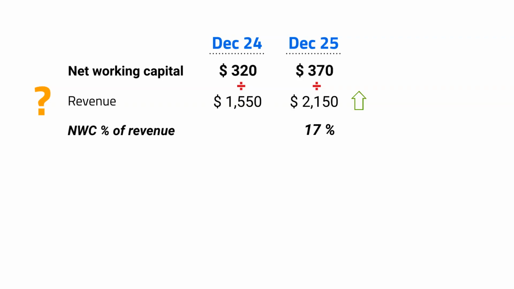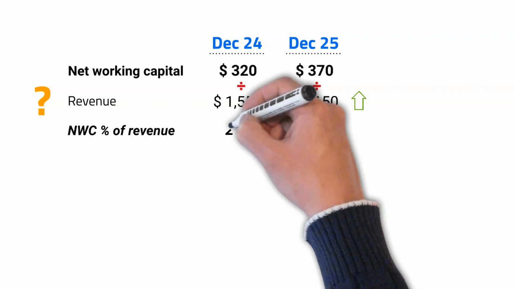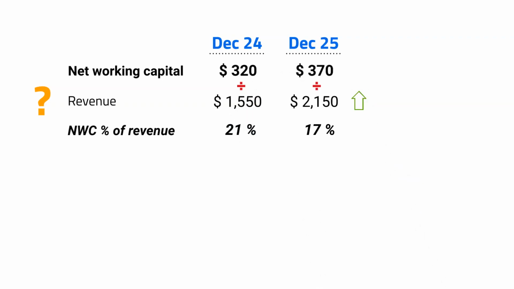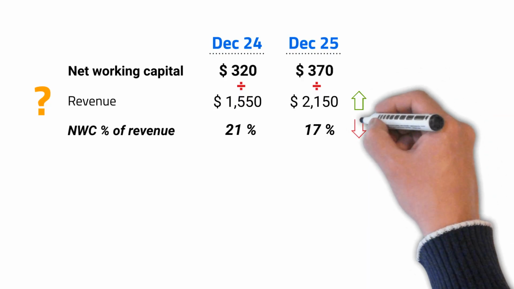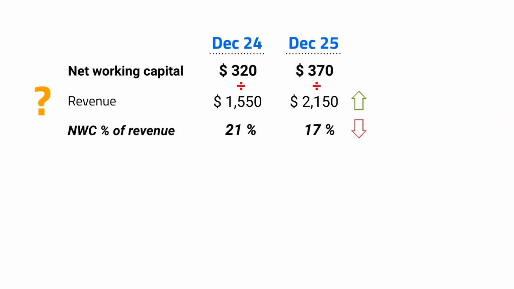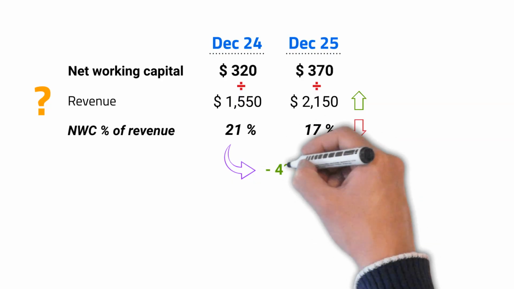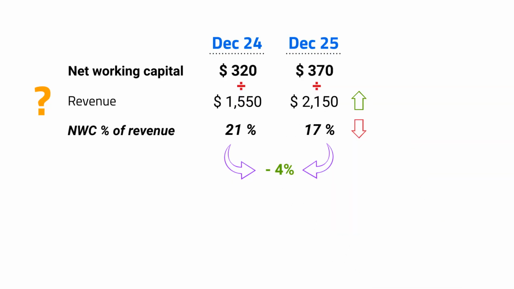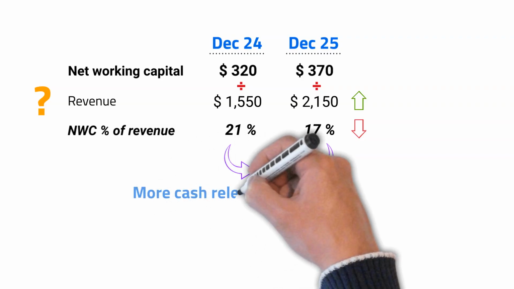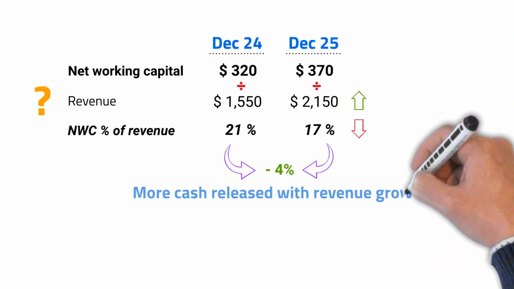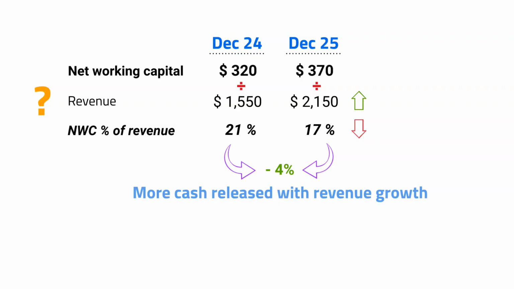Dividing 320 by 1,550, we get 21%. So, despite the growth in net working capital, we see that we were able to decrease net working capital as percentage of revenue from 21% to 17%. That means that in comparison to revenue, this year we were able to release more cash from net working capital. Good news for our liquidity.